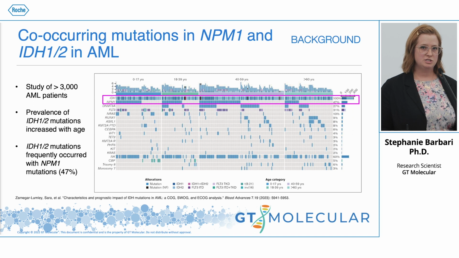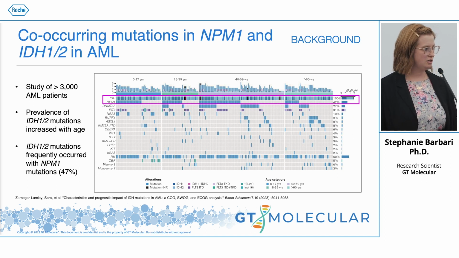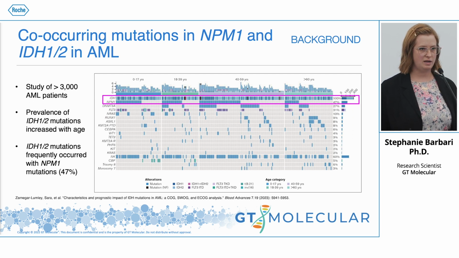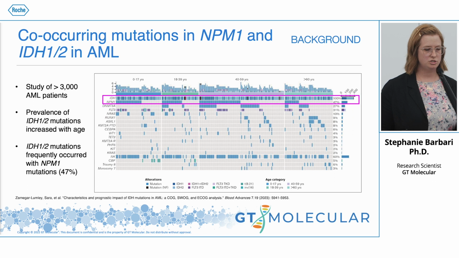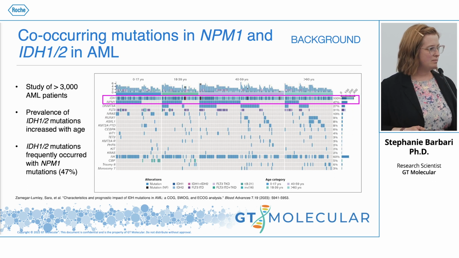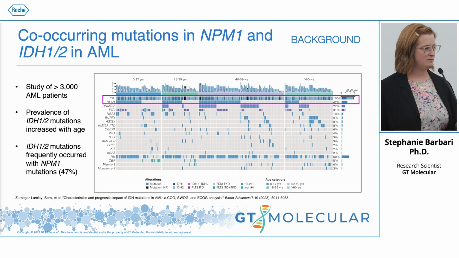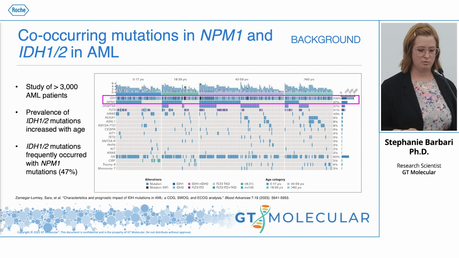Monitoring of these mutations may also be beneficial for some patients. This study that was published last year of over 3,000 AML patients showed that there was co-occurrence of IDH and NPM1 mutations among all age groups. So IDH mutations are not as common in younger AML as opposed to older, but you do still see the same prevalence of about 50% of patients having both mutations.